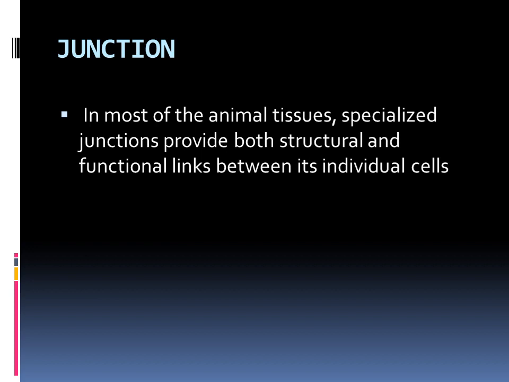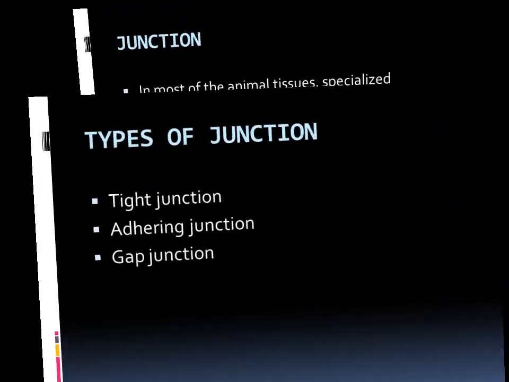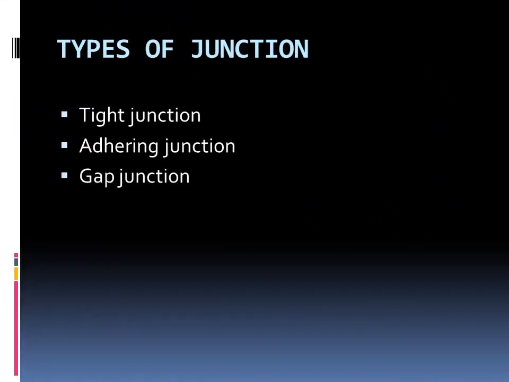It is connecting the two cells. Let us see the types of junction. There are three types of junction. The first one is tight junction, the second one is adhering junction, and the third one is gap junction. Let us see them one by one.